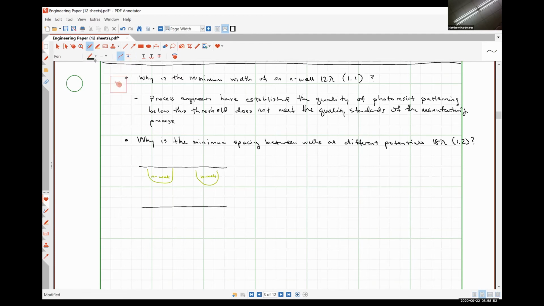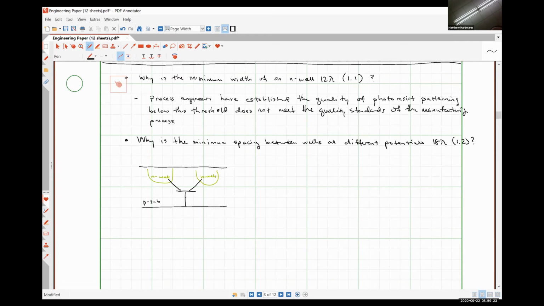There's going to be a PN junction formed between the N well and the substrate material, which, let me be clear, this is our P sub, right? So what we actually find is that when we have two wells, we make a parasitic bipolar junction transistor, an NPN BJT.